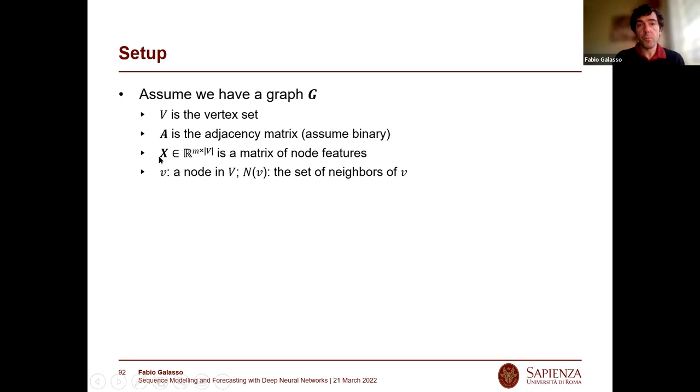You have your features at each of the nodes. So you can imagine that each of these nodes is a station where you record your acoustic signal, right? Or you can imagine that this feature comes from the XYZ coordinates of a human joint.